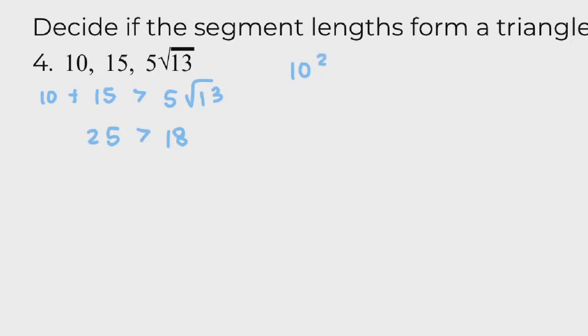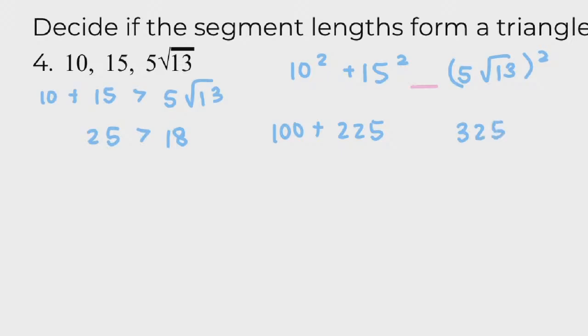So we have 10 squared plus 15 squared, those are the smaller sides, and 5 rad 13 squared. I'm just going to leave a blank right here, and then we'll figure out if it's equal, greater than, or less than. That's going to be 100 plus 225 and 325.